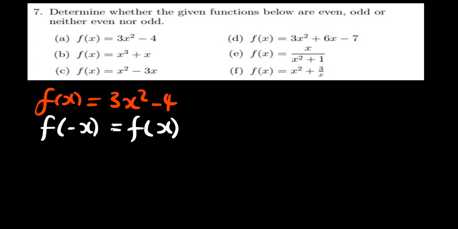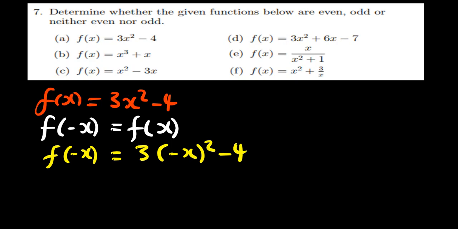We're going to say f of negative x: wherever there is x, I'm going to replace it with negative x. So I'm going to say 3 times negative x, squared, minus 4. When I solve, f of negative x will be equal to 3 times negative x squared, which is just 3x squared minus 4.